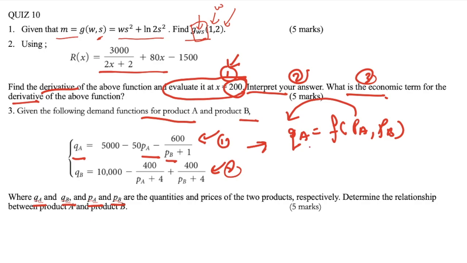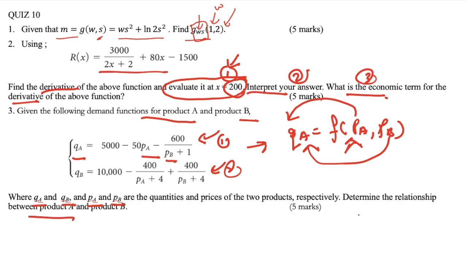But here, this is not the only determinant of the demand for A. There are some other determinants of demand for A, let's say the price of another good, such as the price of B. If you can recall the study of economics, other determinants could be income, weather, many things, natural disasters and so on. This you have learned in principles of economics.